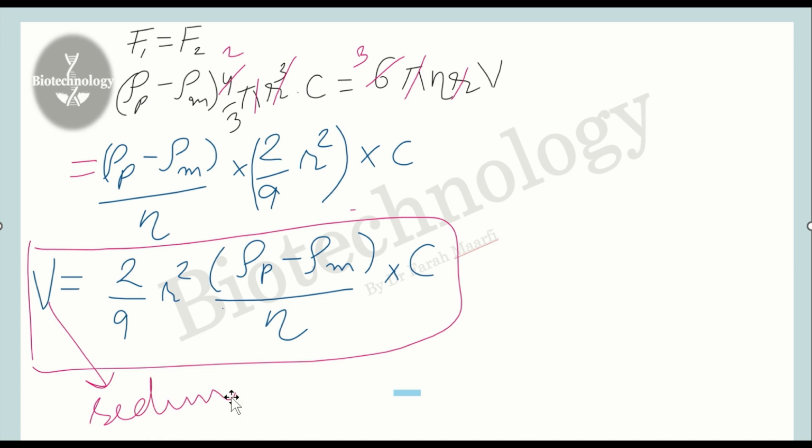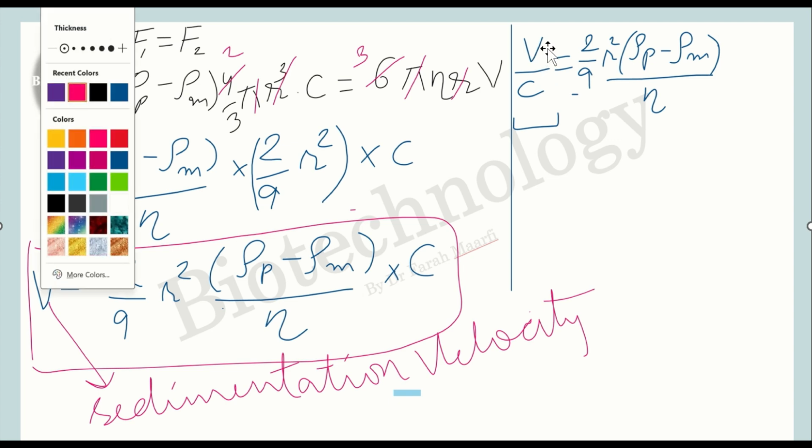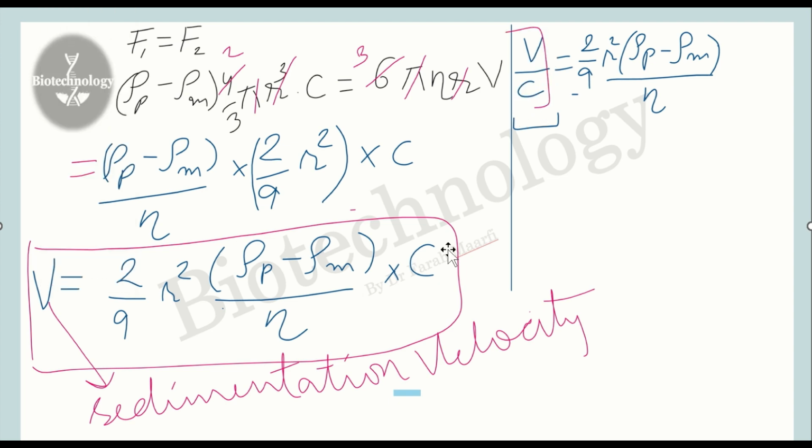This is the sedimentation velocity. And let's bring this C downward here, opposite to this equal sign. Then the equation will become V by C equals 2 by 9 r square (rho P minus rho M) upon eta. This V by C means the sedimentation velocity upon C, where C is the centrifugal acceleration.